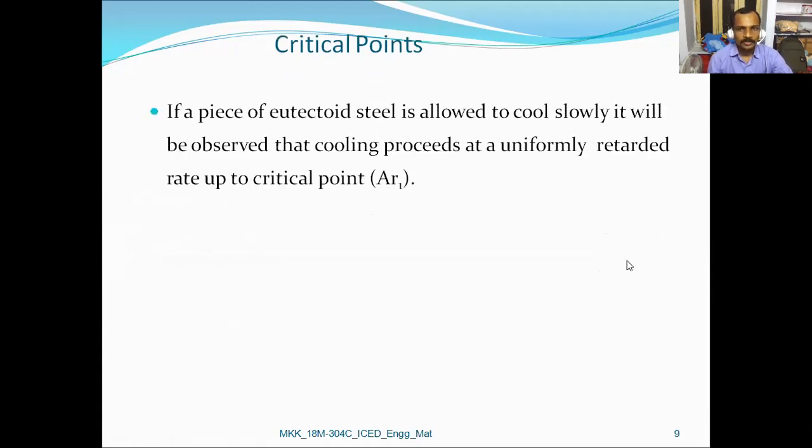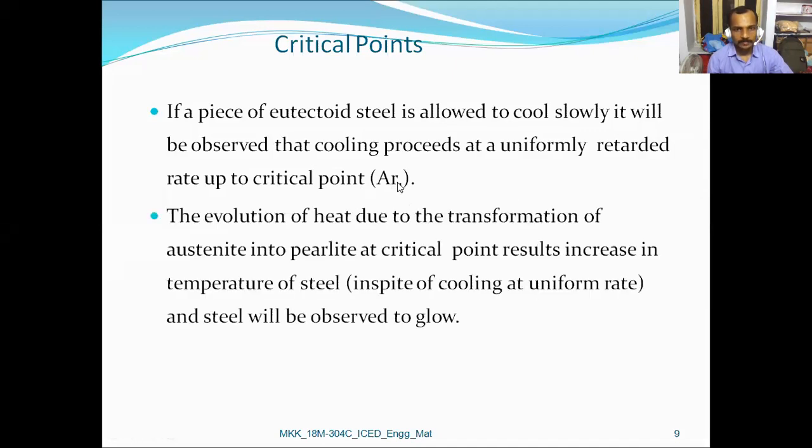So if a piece of eutectoid steel is allowed to cool slowly, it will be observed that cooling proceeds at a uniformly retarded rate up to the critical point, given as Ar1, capital A r subscript 1.